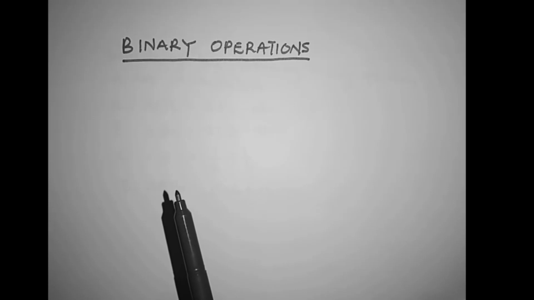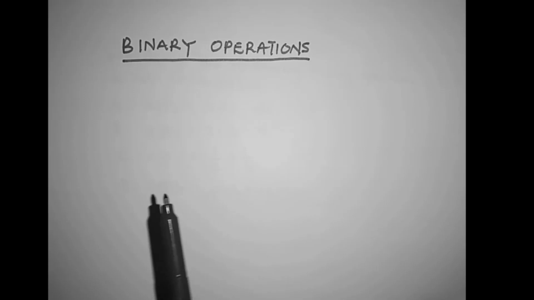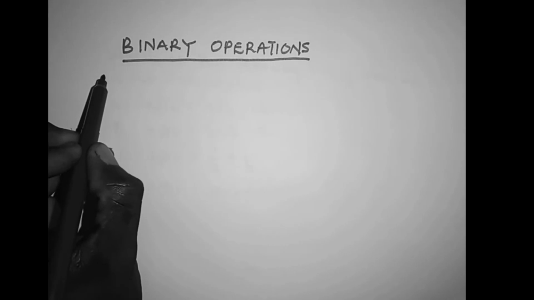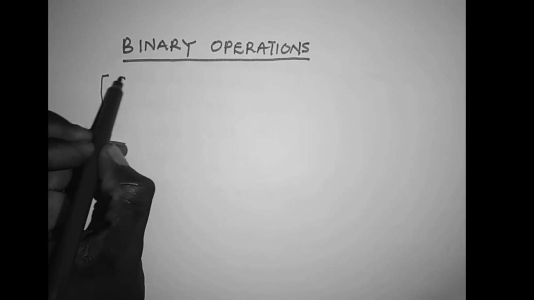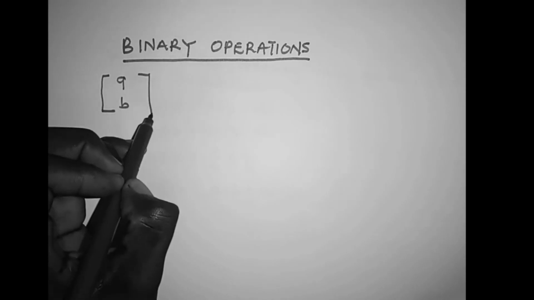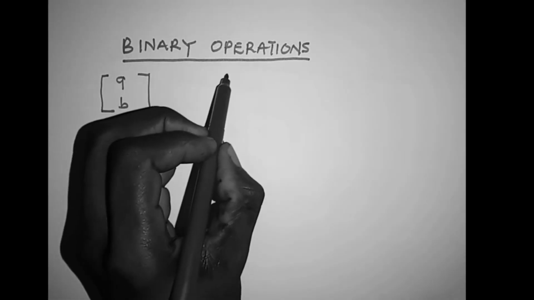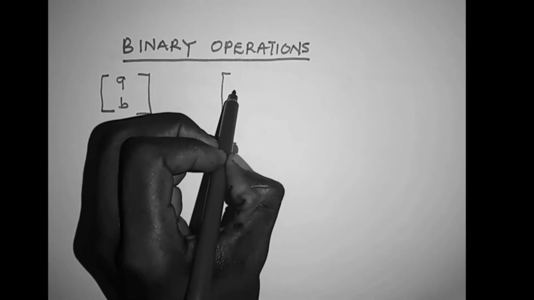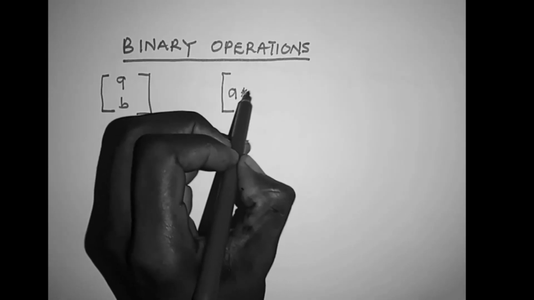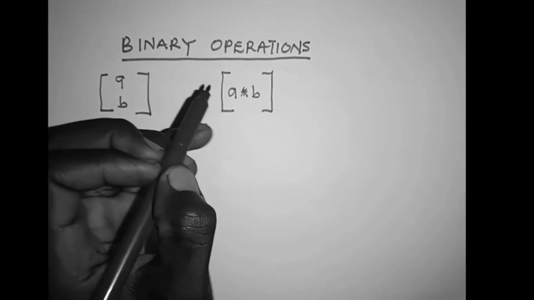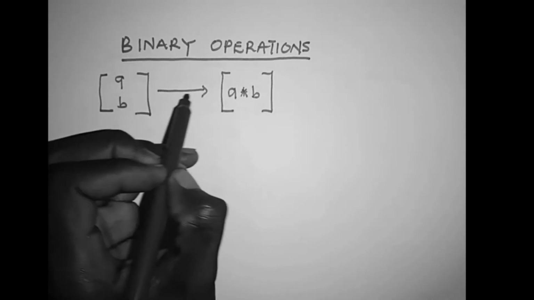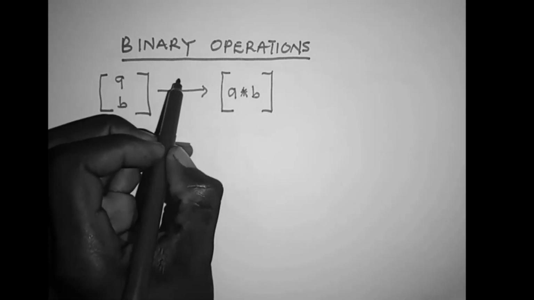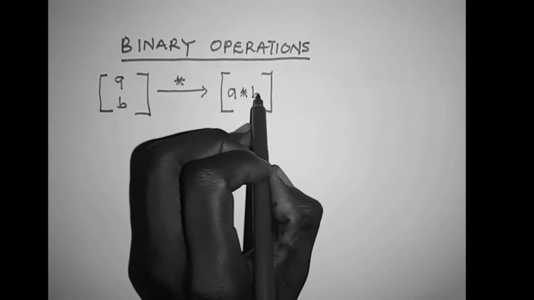A binary operation is a function that, given two entries from maybe some set A, produces some element in another set B. So, for example, if we have one set, maybe A, B, then we have another set here, which is A operation B. The binary operation is the function that takes us from this set, which is AB, to this other set, which is A operation B.